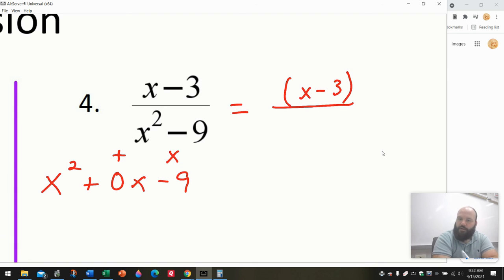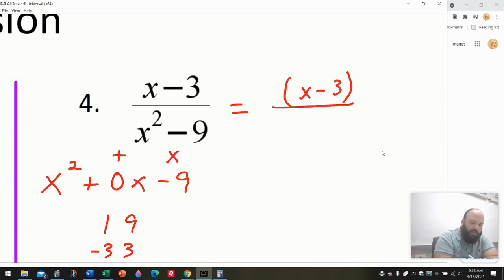Well, the factors of 9 are 1 and 9 or 3 and 3. In order for them to multiply to be negative, one or the other would have to be negative. One of them has to be negative, and they have to add to be 0.